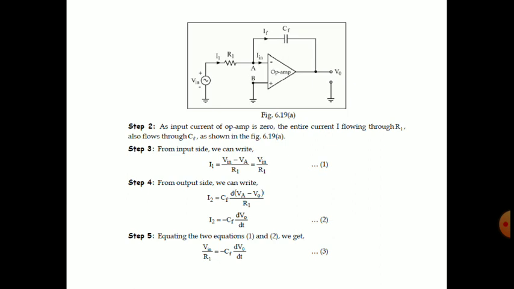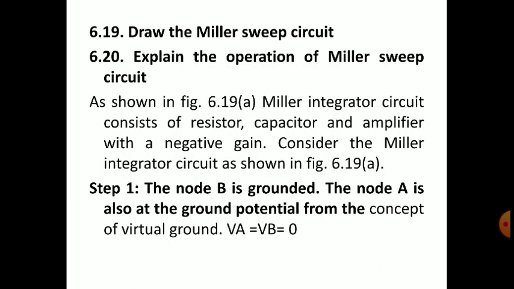Then it can do differentiation and integration also. So this particular circuit is an integrator circuit. It consists of a resistor, capacitor, and op amp, that is an amplifier with a negative gain.